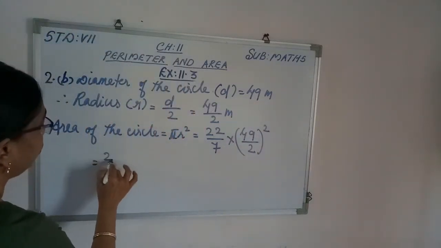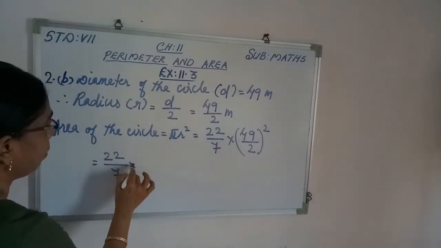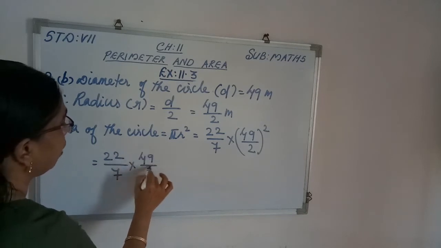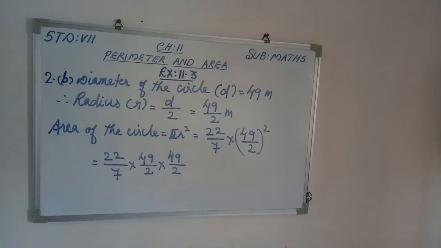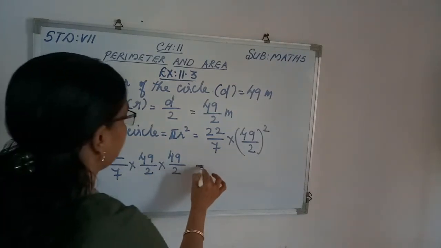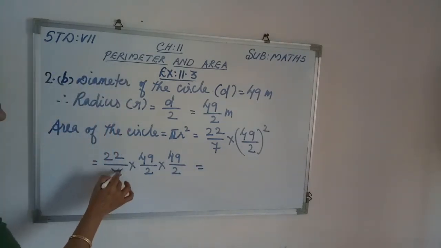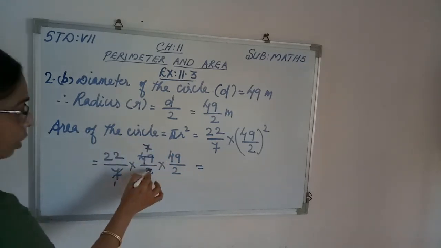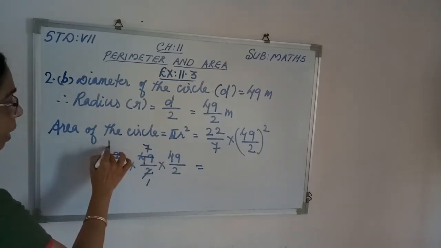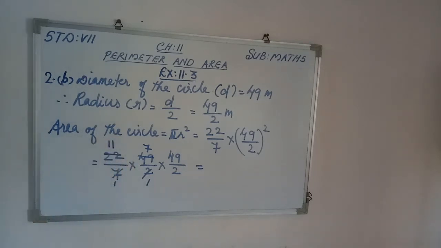That's equal to 22 upon 7 multiplied by 49 upon 2 into 49 upon 2. Now simplification, 7 ones are 7, 7 sevens are 49. Then 2 ones are 2, 2 11s are 22.